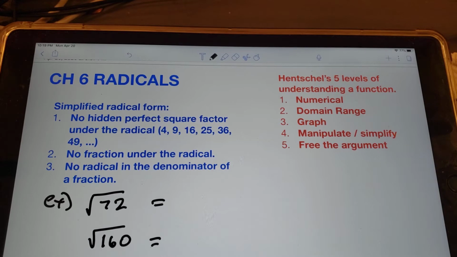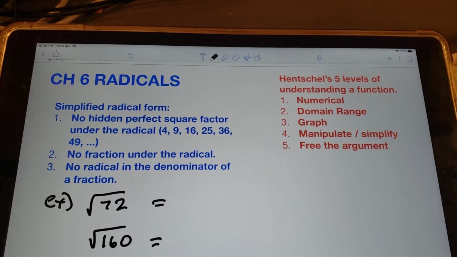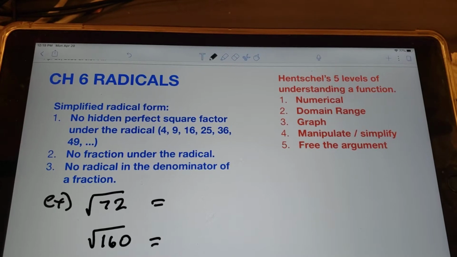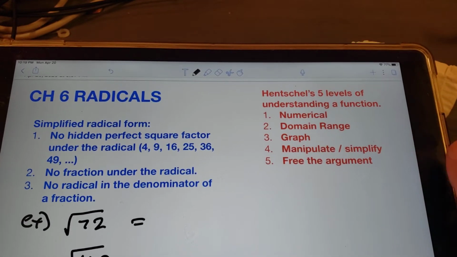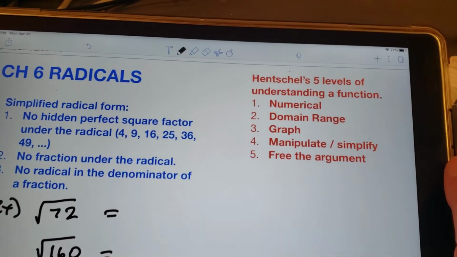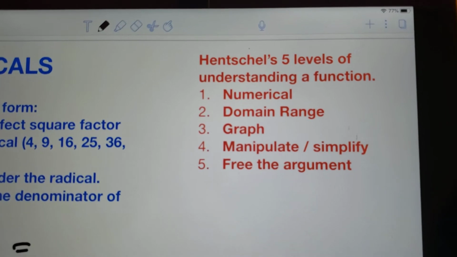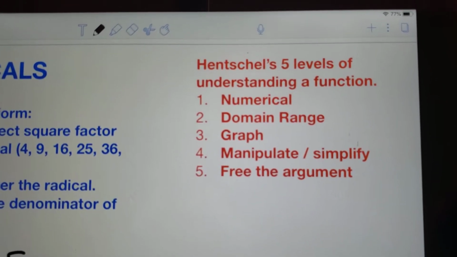It's just one of those chapters that, I don't know, you have some familiarity with the topic and you've seen some of this before. In fact, we've actually previewed a little bit of this. And speaking of that, I want to emphasize this thing that I had showed you before, Hentschel's 5 levels of understanding a function.